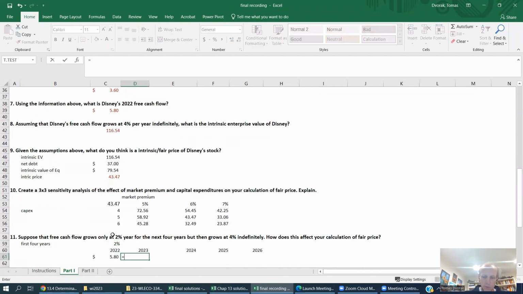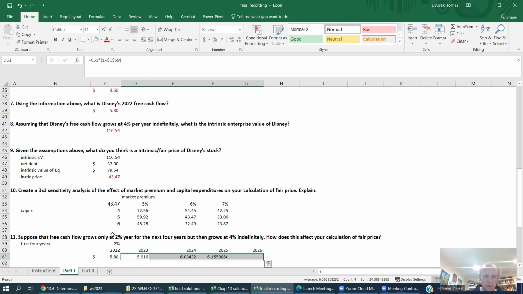And we'll do this guy times 1 plus the growth in the first 4 years. And I'm going to lock it with F4. And I should be able to Control R that. That's how fast the free cash flow is going to go. Let's make that just 2 decimal places. That's growing at 2%.